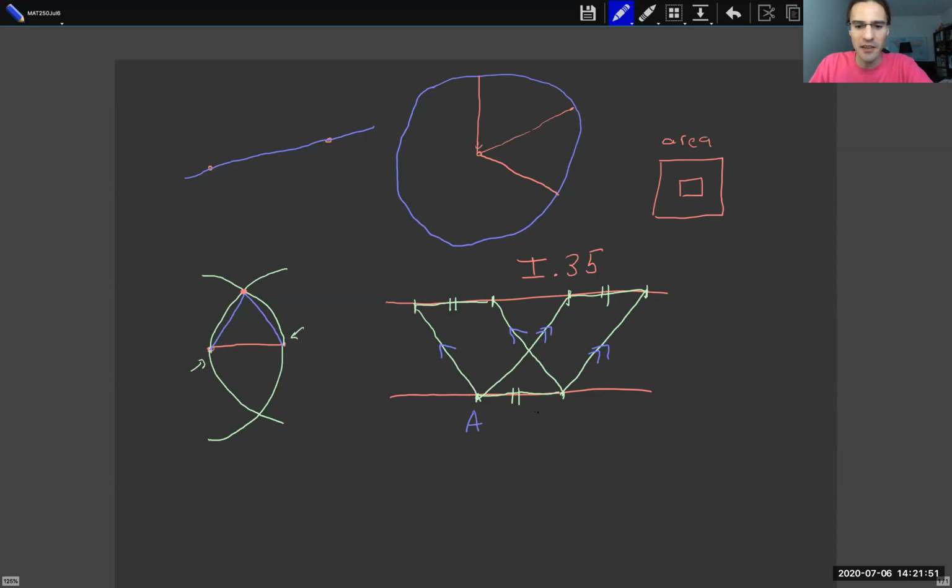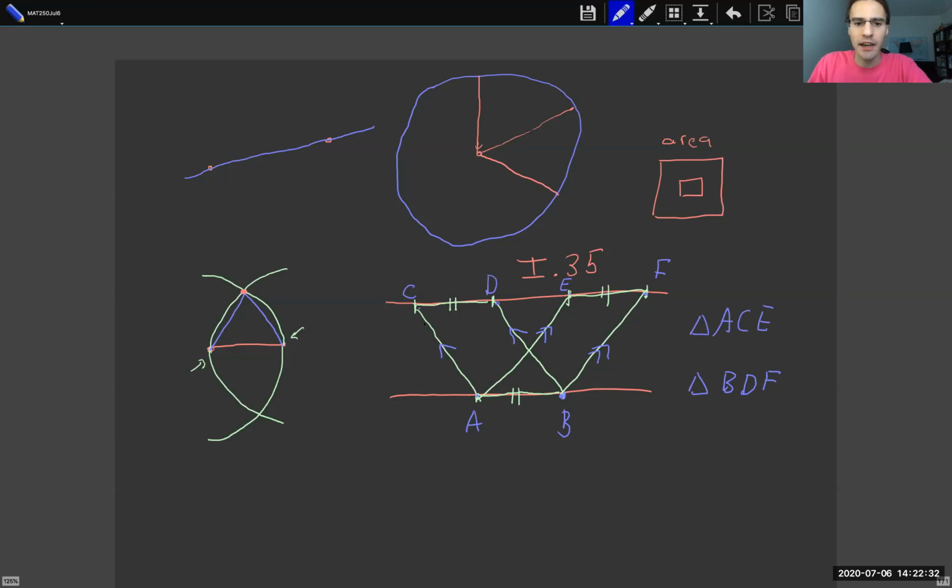Let's say A, B, C, D, E, F. Then look at triangle ACE. So it has vertex A, C, and E. And then also look at triangle B, D, F, which has vertex base here, then D and F.